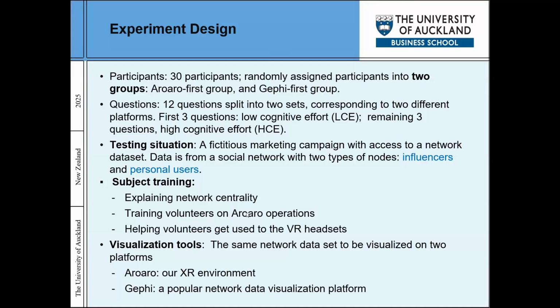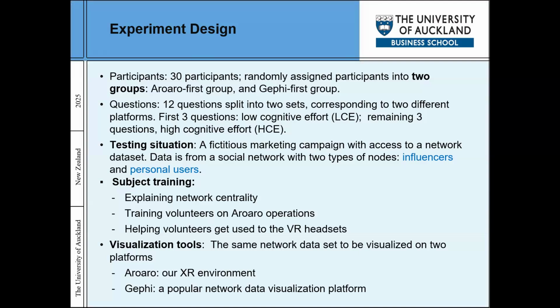So some training was given to all the participants on that, and then we gave them some time to get used to the VR headset in case they required it. Once the training was done and they were used to the platform, then on these 2 platforms, RORO and GEFI, we presented them 6 questions each.